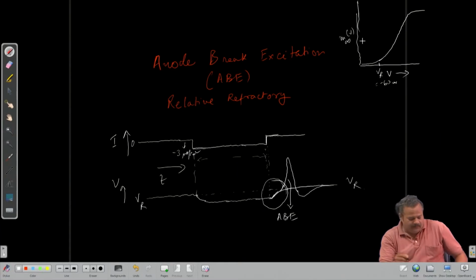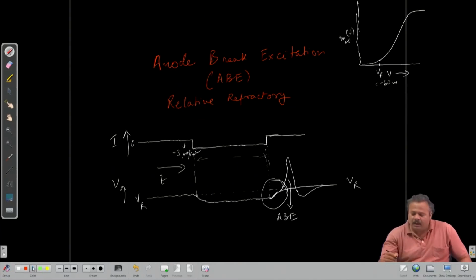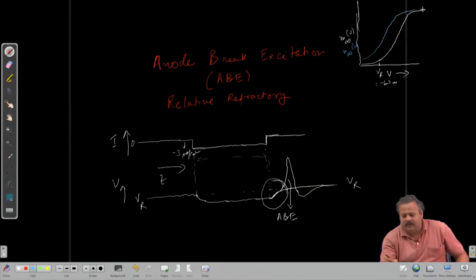Then if we draw the N infinity of V on top of it, it is somewhat like this, with a higher value at V rest, around 0.3.